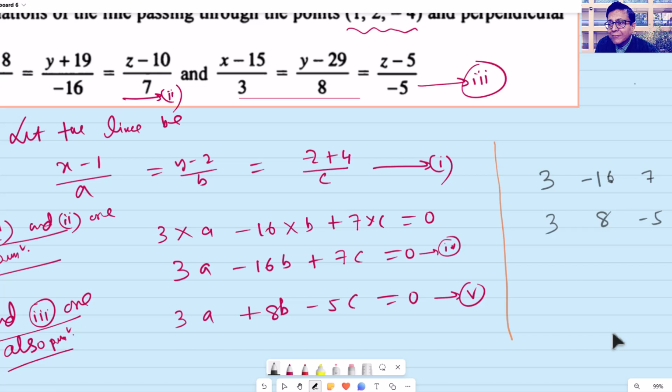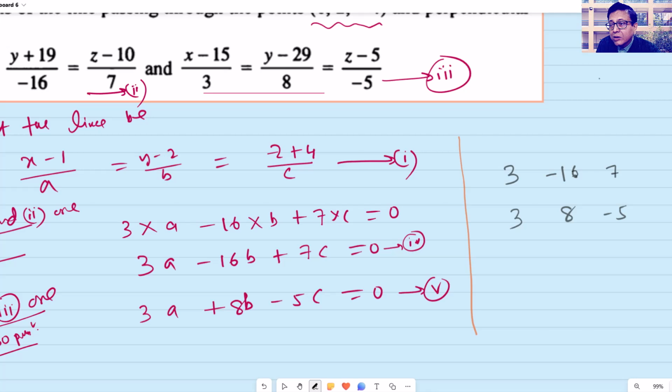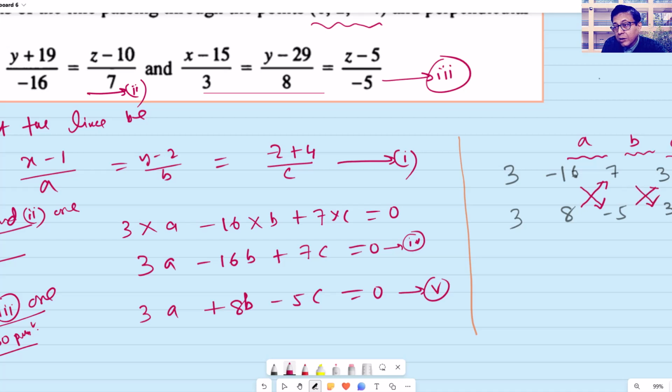And in the method of cross multiplication, we need to write these two once more: 3, minus 16, and this is 3, 8. Okay? Now you put A here, above it, B here, just one step forward. This is downward arrow. This is upward. Downward, upward.